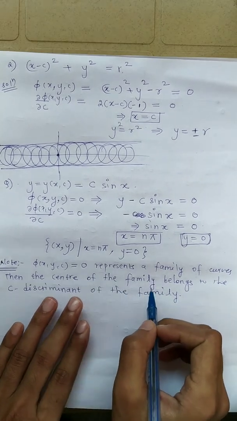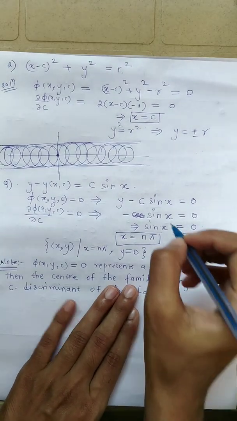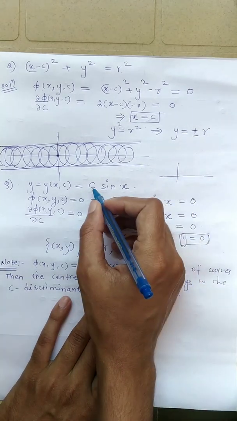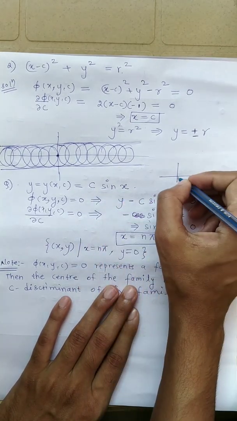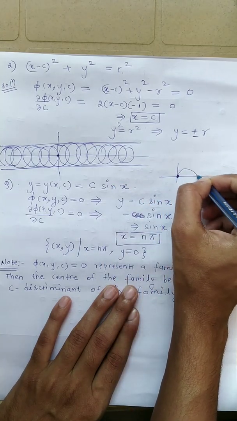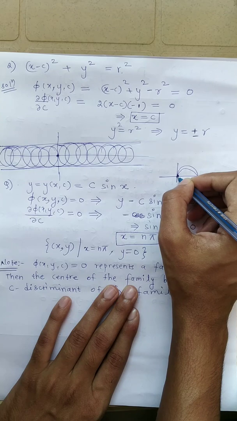The center of the family, by this I mean when we have a central field. Okay, I'll take that same example here, this c sin x. So when we have this central field, this point acts as a center.